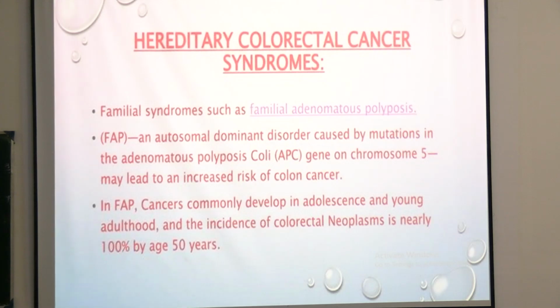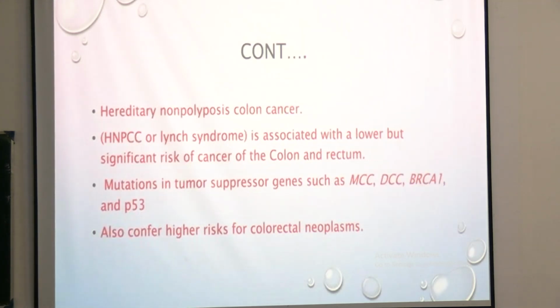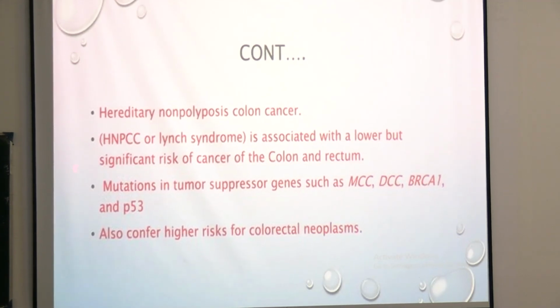If you compare the risk of familial adenomatous polyposis and hereditary non-polyposis colon cancer, then the risk is lower in this entity. And here there is mutation in the tumor suppressor genes such as MCC, BRCA1, P53. There are mutations in these genes, and this is less common than the previous one.